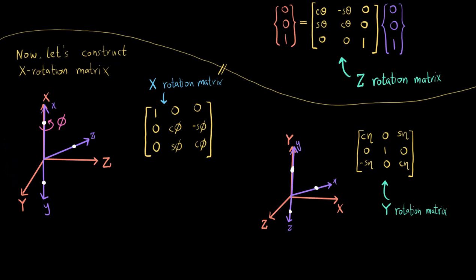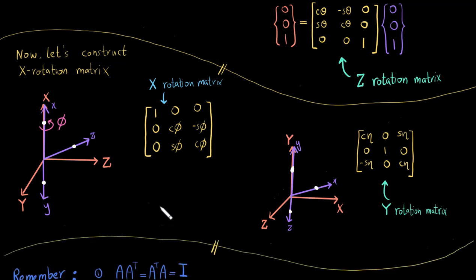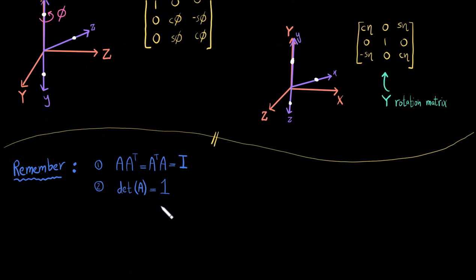Now there are a couple of properties that need to be satisfied by a matrix in order to be called a rotation matrix. And what are those properties? It is these two properties right here. The first is that a rotation matrix times the transpose of a rotation matrix should be equal to the identity matrix.